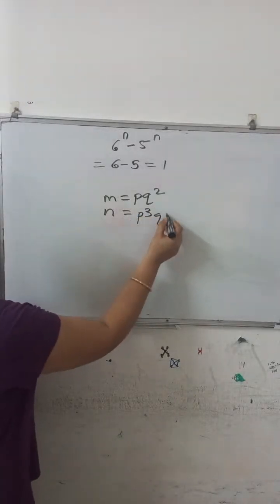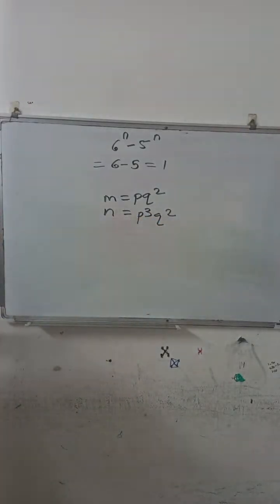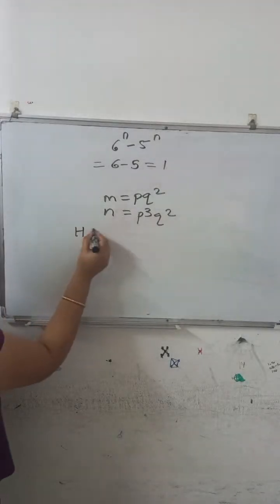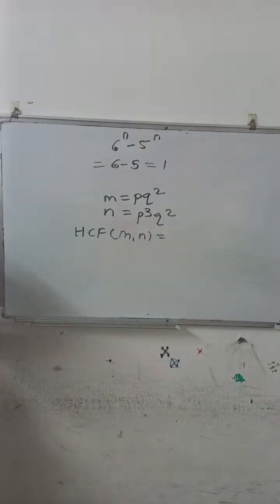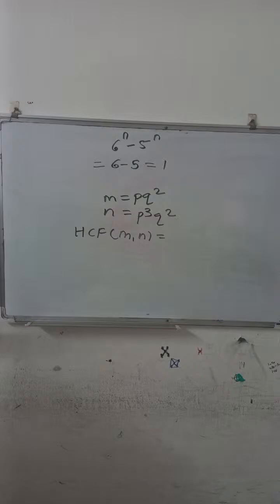They are asking to find the HCF of m and n. Options are given: option A is PQ, option B PQ square, option C P cube Q cube, and last P square Q cube.